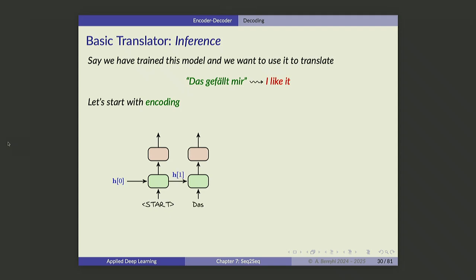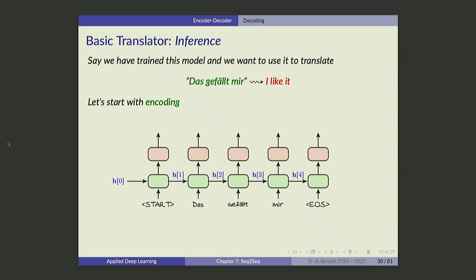So the first token is going to be nothing, just the start, then you're going to get the first hidden state, the next token goes in, the next token goes in. Now here, at the end of the sentence, this is going to say that this sentence is talking about one person, right? That person likes something, and it's in present tense.